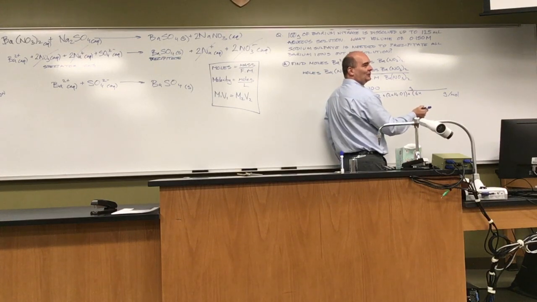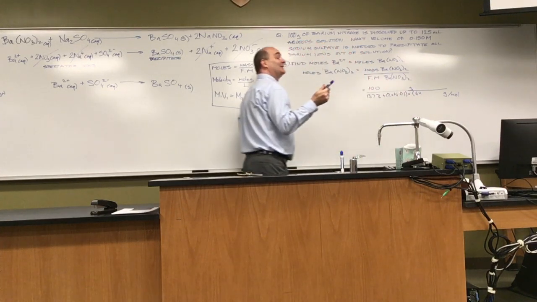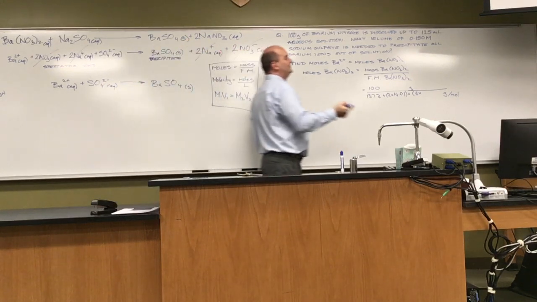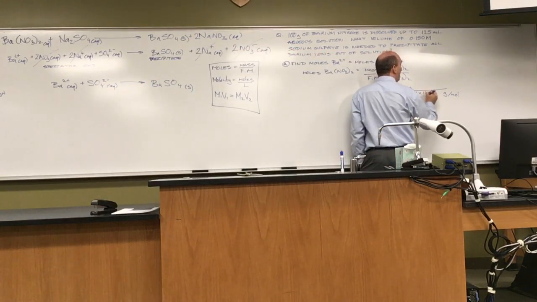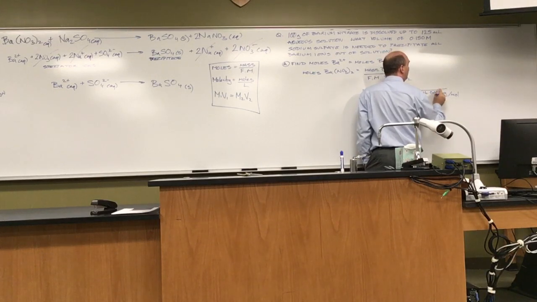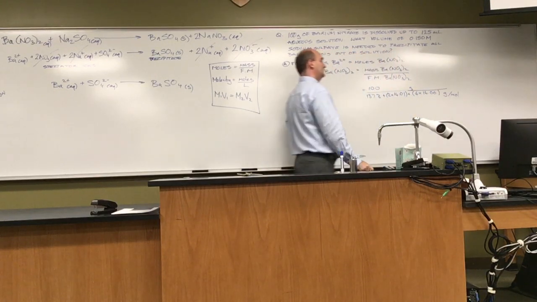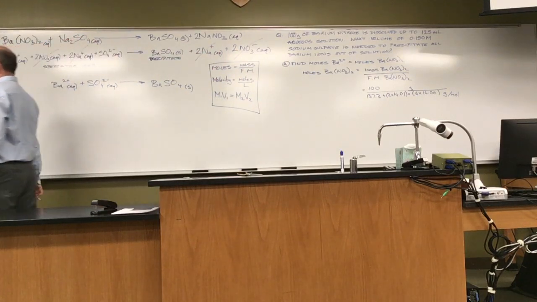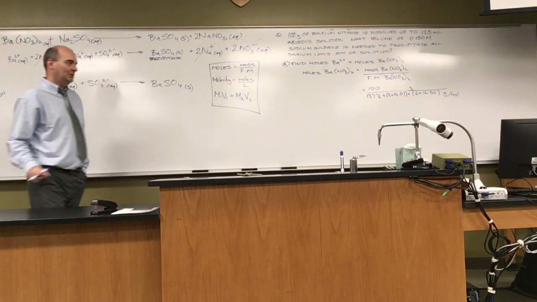Oxygen. Oxygen is right at 16. It's 15.999. It doesn't matter. Leave it at 15.99, or round it up to 16.